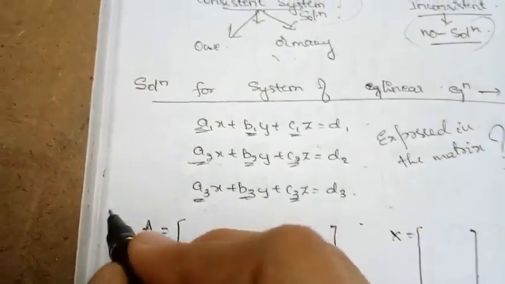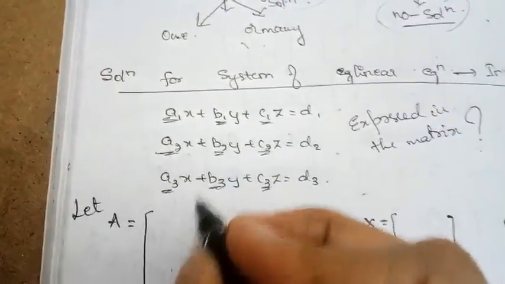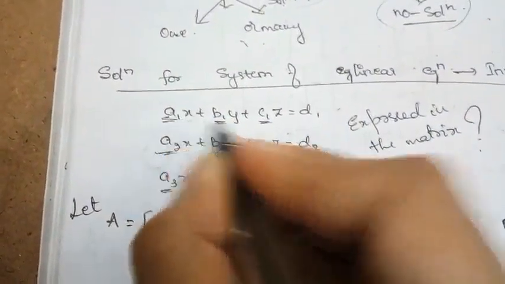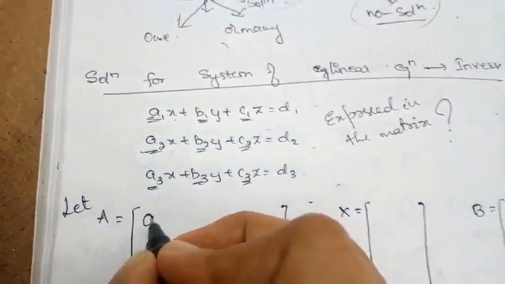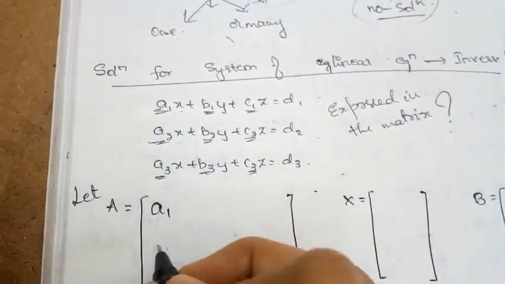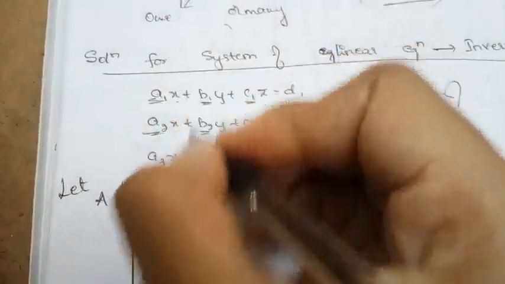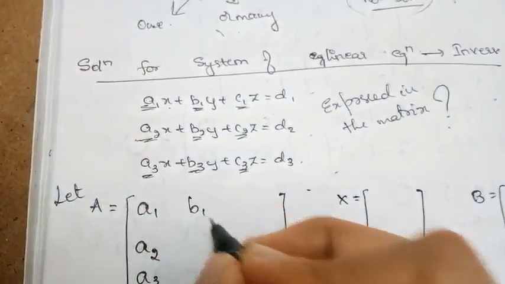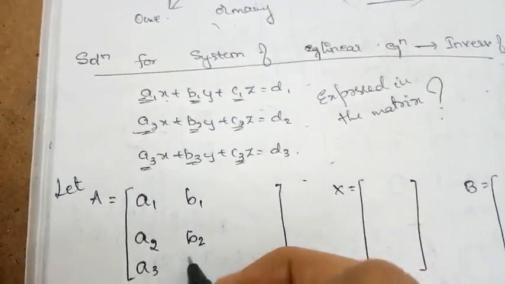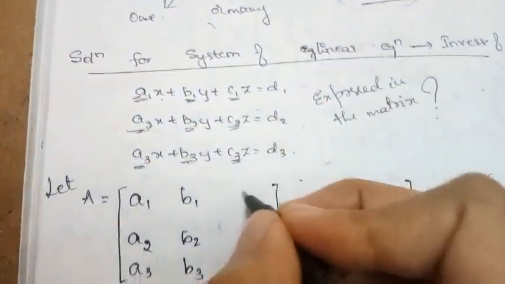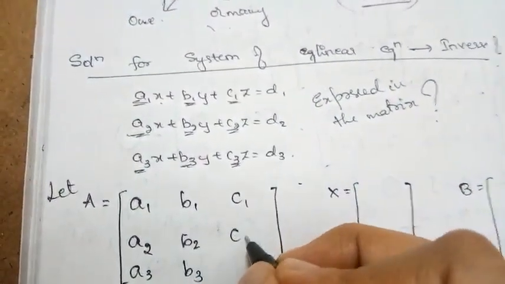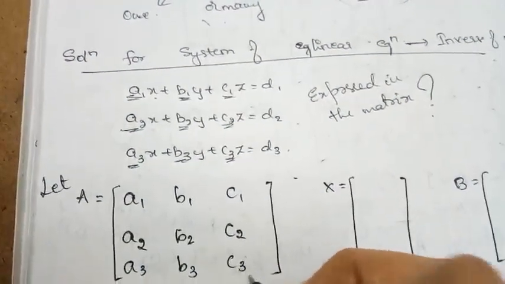Let A be a matrix consisting of the coefficients of x, y, z. The x coefficients I write in the first column: a1, a2, a3. The y coefficients in the second column: b1, b2, b3. The z coefficients in the third column: c1, c2, c3.